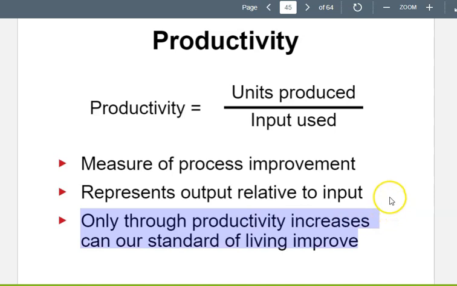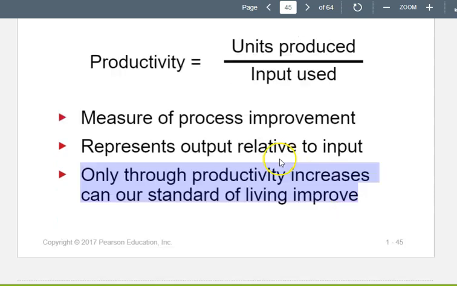So we can always compare productivity by changing the method, changing the process that we use to produce services or goods. And by calculating productivity, we can find out whether this new process is a better process, or should we change it?